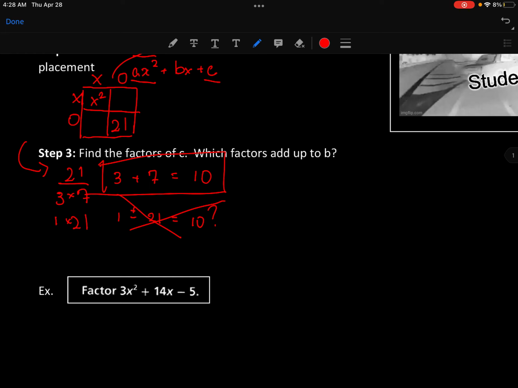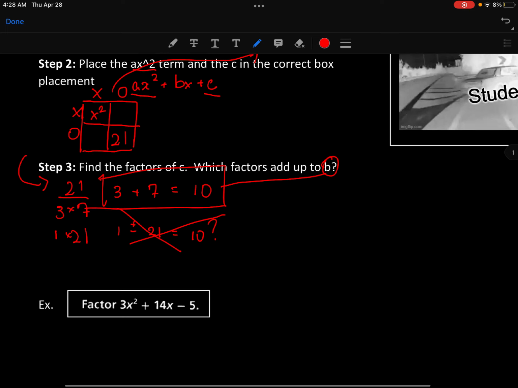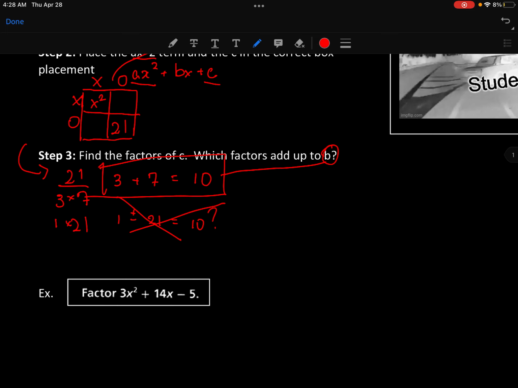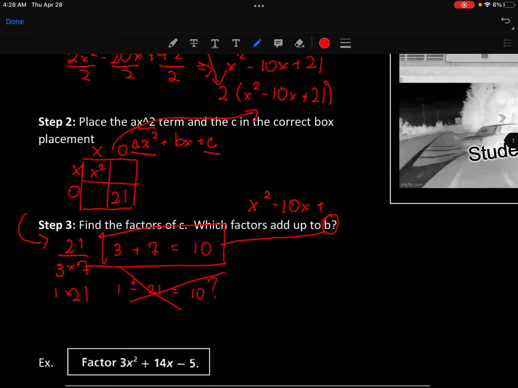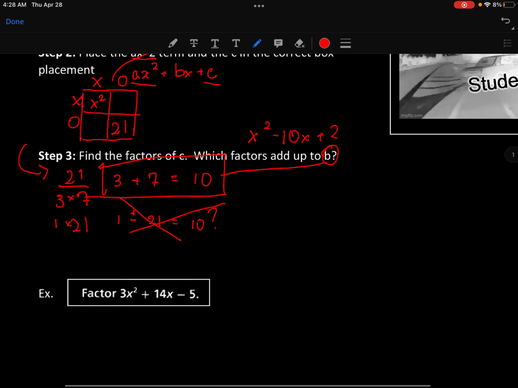Oh, you might be wondering where I got 10. That's the b. In the x squared minus 10x plus 21, the b is the coefficient in front of the x, which happens to be negative 10. So let's go back to the box again.